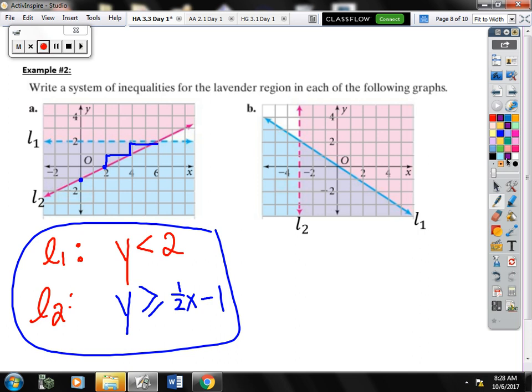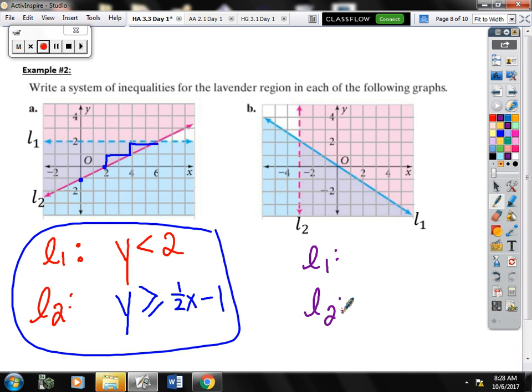Bless you. All right, the next one. L1 is the slanted one. Who thinks they could write an inequality to represent that? Give you guys a second to think about it. About your symbol.